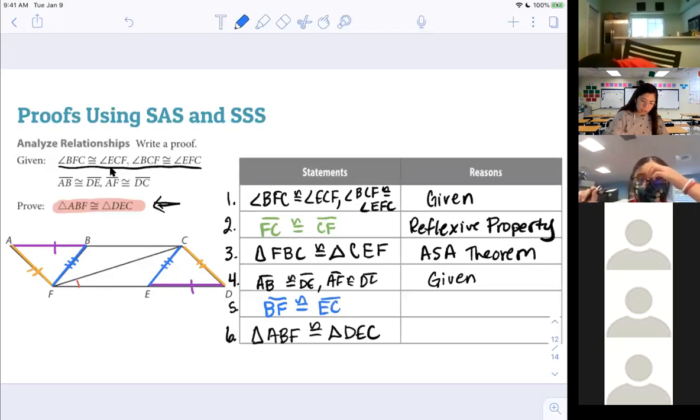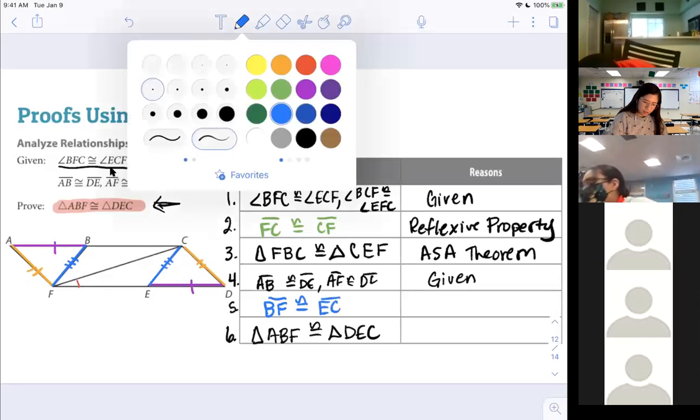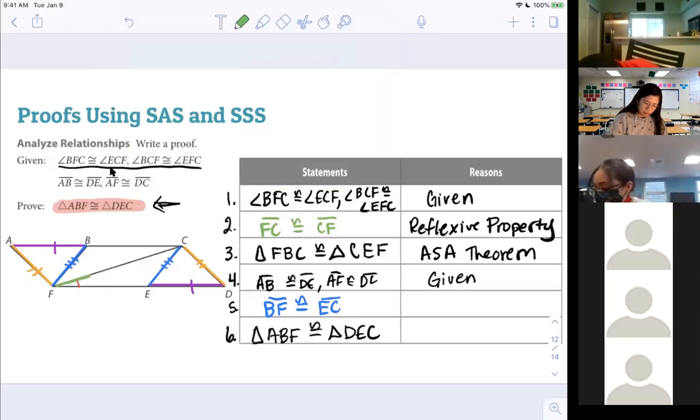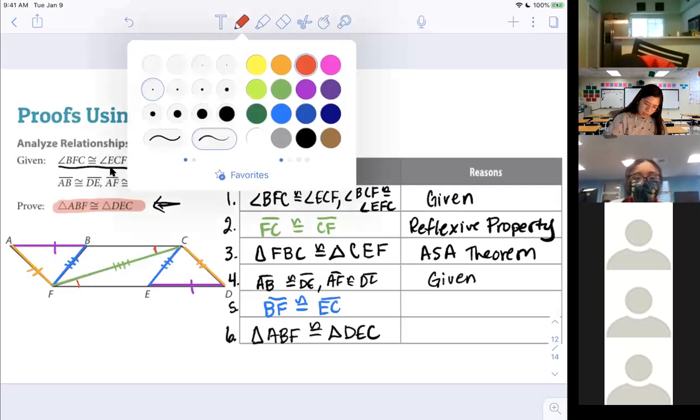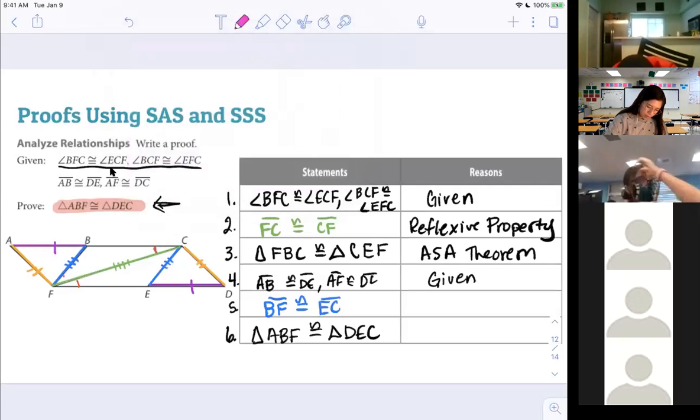So let me go back and put back all of the previous markings that I had. I'm going to keep everything color-coded. So I know this is congruent. I know these two are congruent. And I know, what color haven't I used? Black. Okay. So that's everything I know so far.